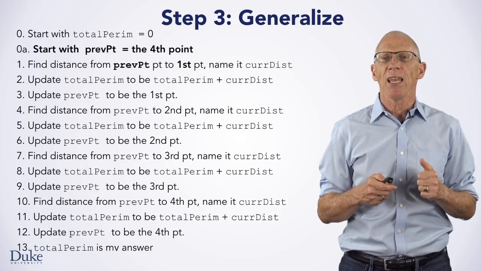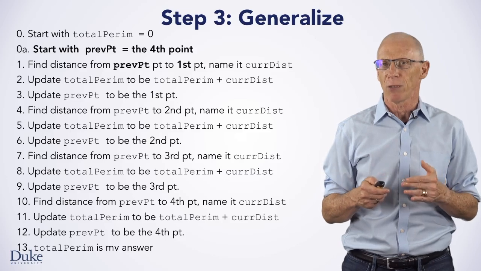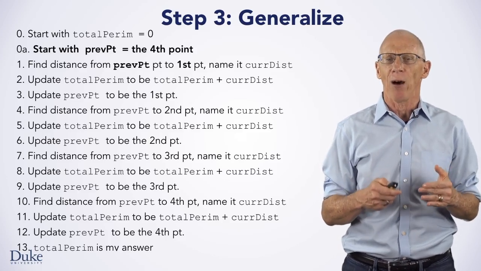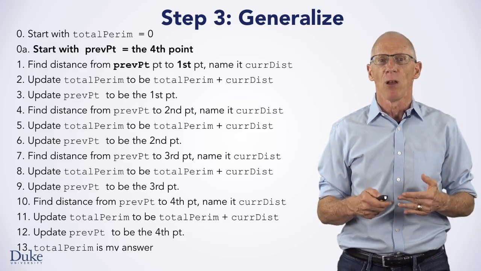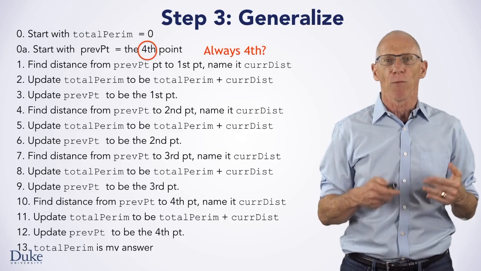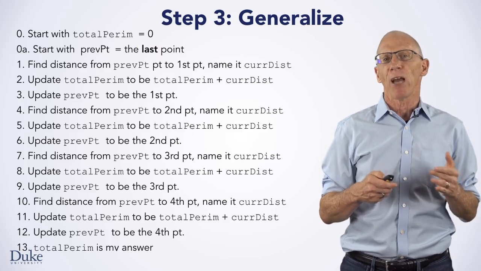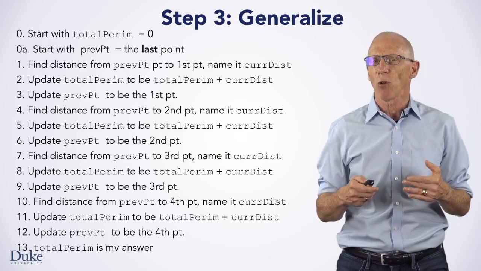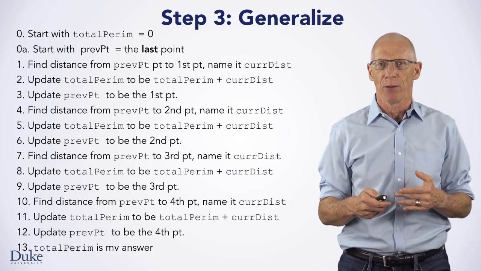We can use the same idea we saw earlier when we initialized total perim to 0. Start prev point out with the value we want before we begin repeating the steps. But will it always be the fourth point? No. It just happens that we had 4 points here, but in general, we'll want to start prev point as the last point in our shape.